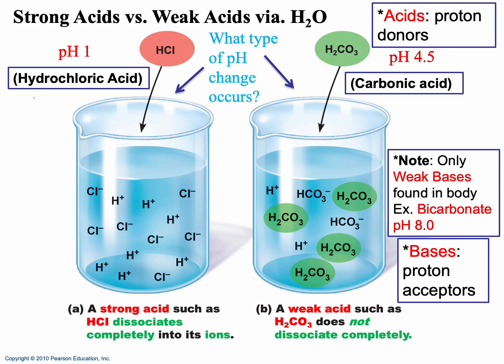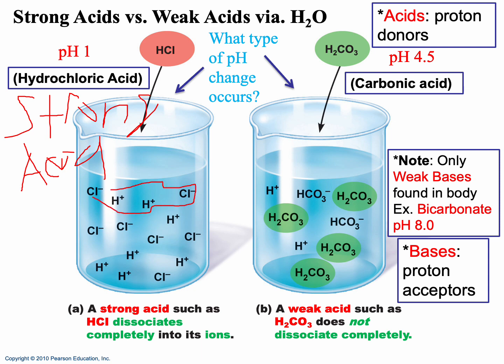Again, hydrochloric acid, like I mentioned, is a great example of a strong acid because you have a huge change in pH, and you can see here that the hydrogen ions completely dissociate from the chloride.